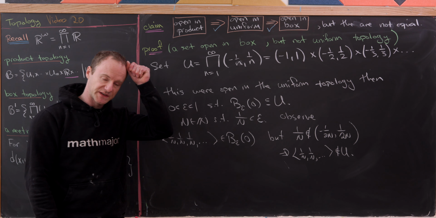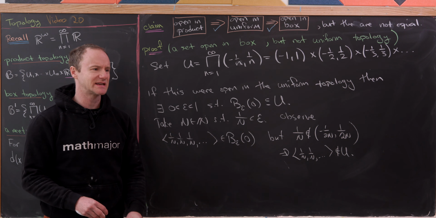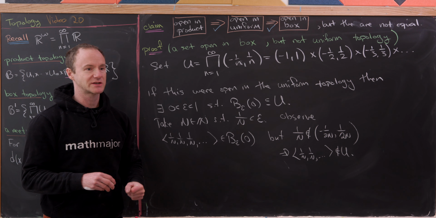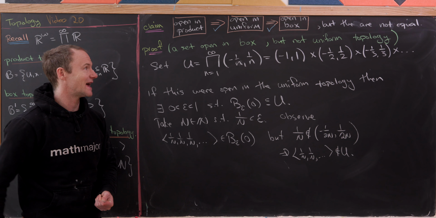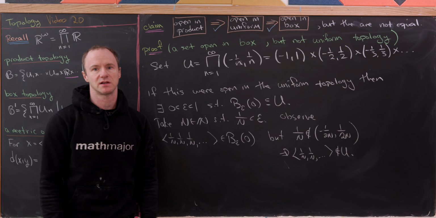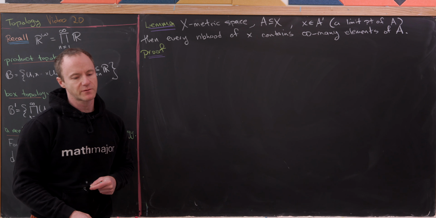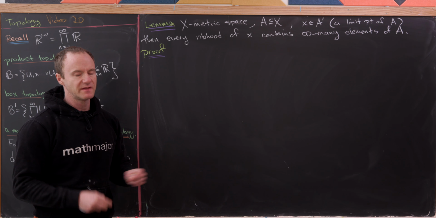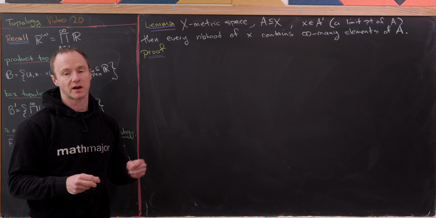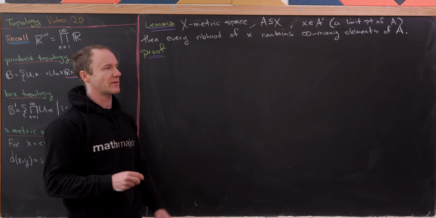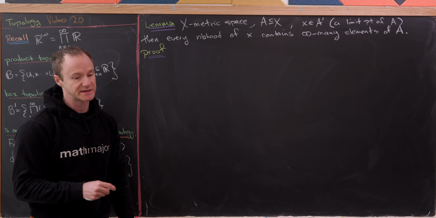Okay, so now that we've looked at this result, I want to look at some classic examples of compact or not compact sets in these different topologies. So for our next bit of stuff, we're going to start with a lemma. And this lemma doesn't have anything to do with products, but it will be applied when we talk about compactness in certain product spaces.